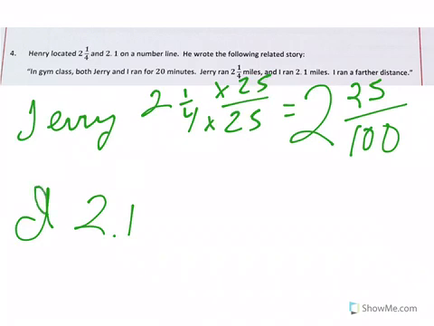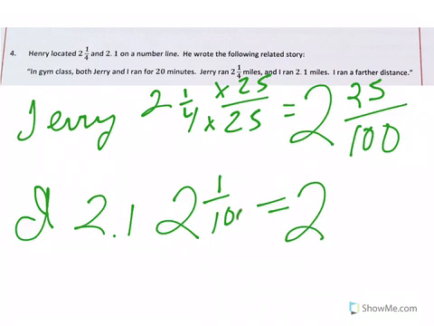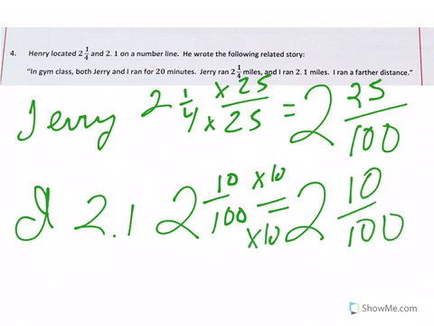I ran 2.1. I know that's 2 1/10, but if I want to make that into hundredths, I can just add a 0 here, add a 0 there. In other words, multiply by 10, top and bottom, and with 2 10/100ths.